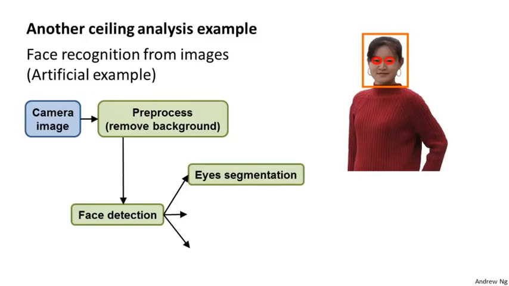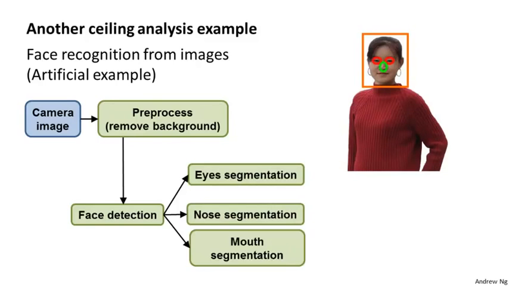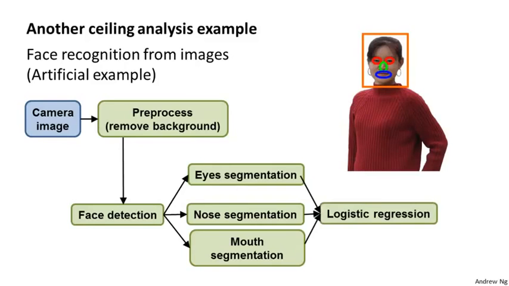So segment out the eyes, since this will give us useful features to recognize the person, and then other parts of the face of particular interest, maybe segment out the nose, segment out the mouth, and then having found the eyes, the nose, and the mouth, all of these give us useful features to maybe feed into a logistic regression classifier, and it's the job of the classifier to then give us the overall label, the final label for who we think is the identity of this person. So this is a kind of complicated pipeline.